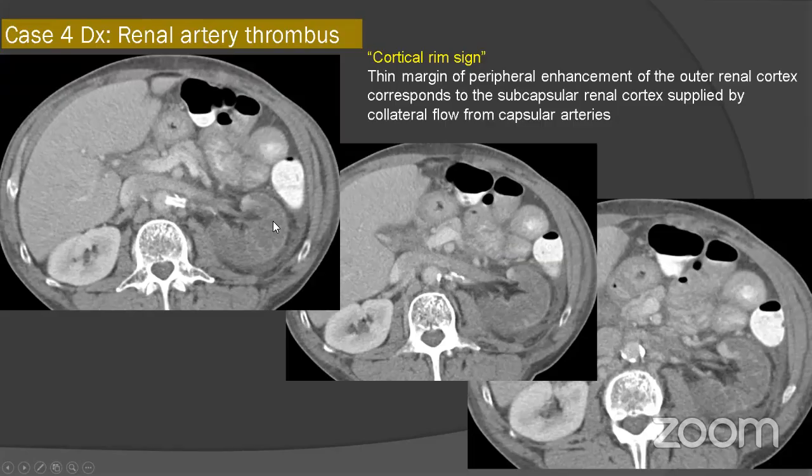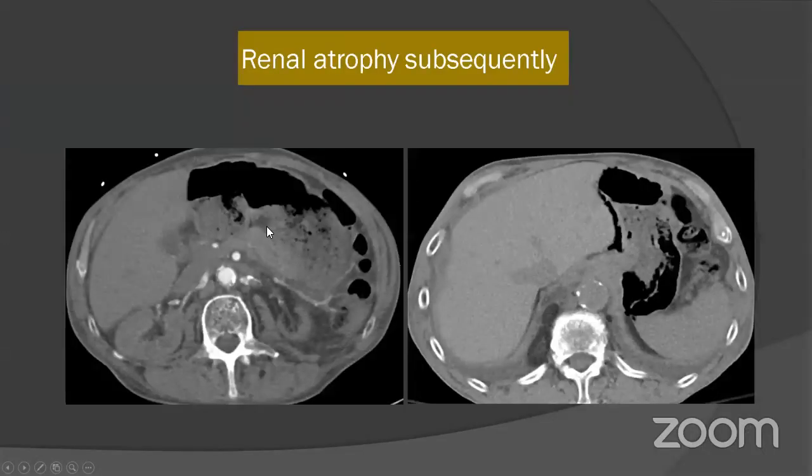And that's because a thin margin of peripheral enhancement of the outer renal cortex continues to occur from collateral flow from capsular arteries, even when the renal artery is occluded. And this kidney subsequently underwent atrophy, and the scan was acquired about 2 years later.